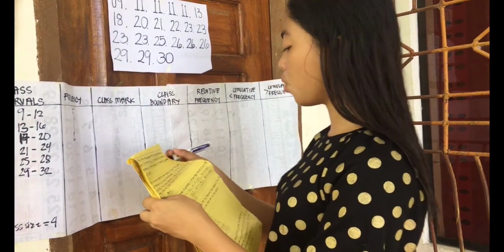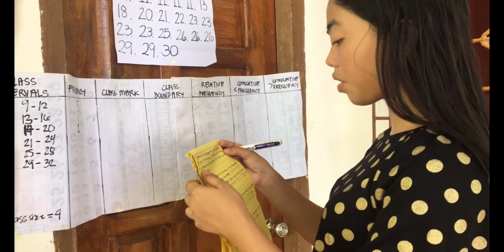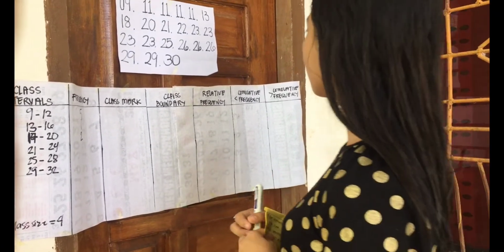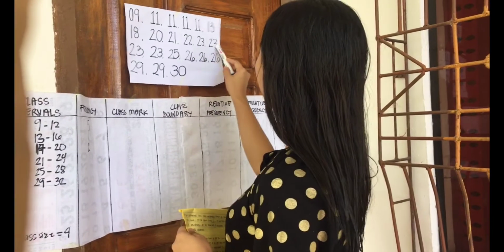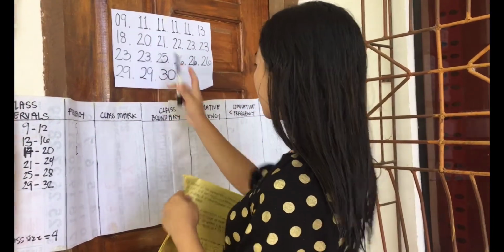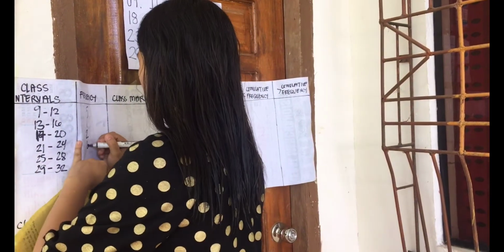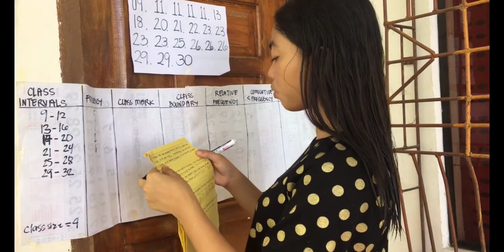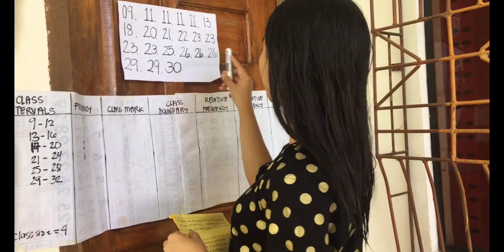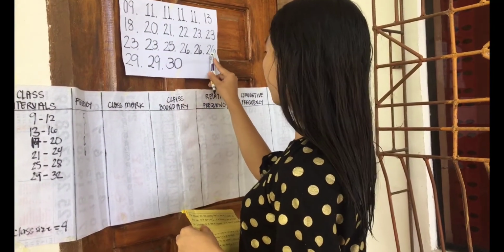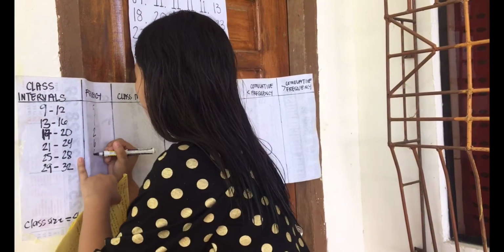From 21 to 24, there are 6 students. From 25 to 28, we have 4.